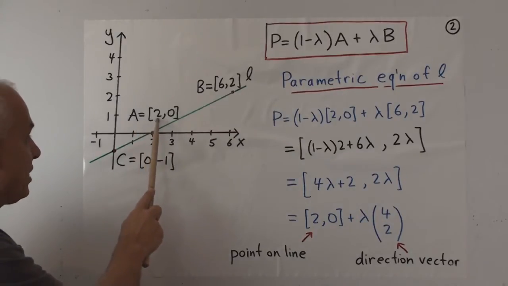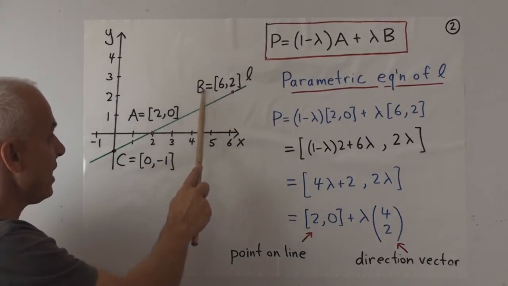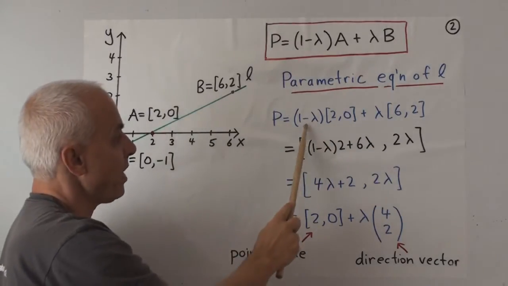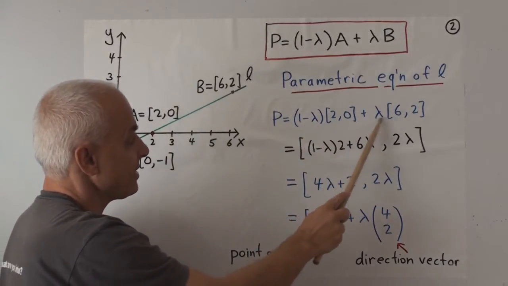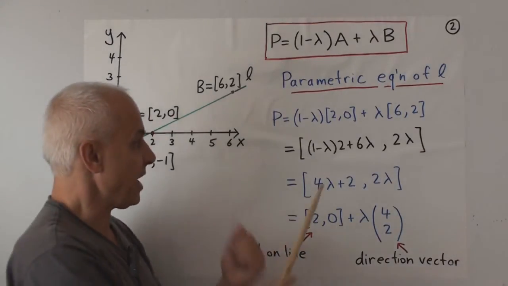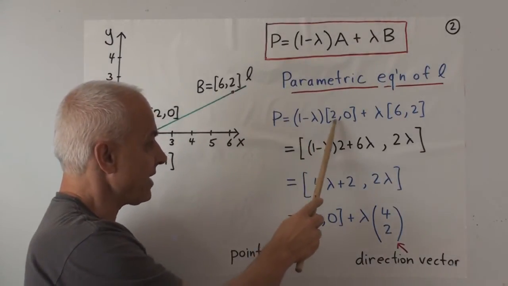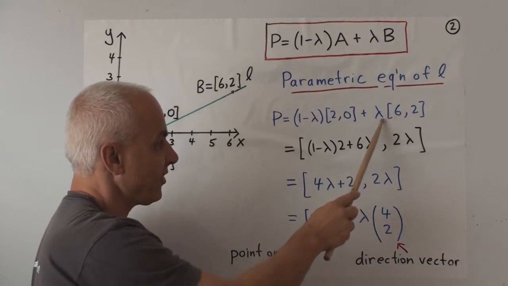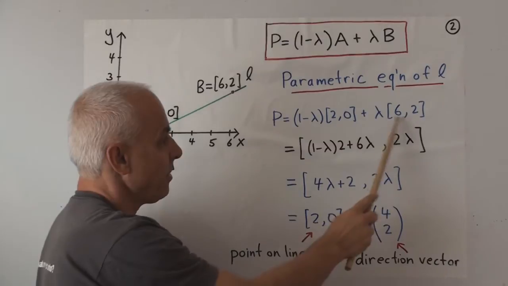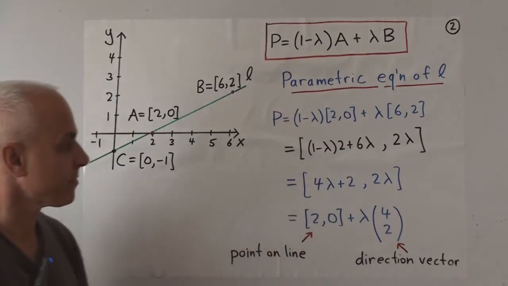We might take the point A to be 2, 0, B to be the point 6, 2. In that case, this expression is 1 minus lambda times A plus lambda times B. And we could put things together. The x-coordinate is 1 minus lambda times 2 plus 6 lambda from there. And the y-coordinate is 0 here and 2 lambda there.